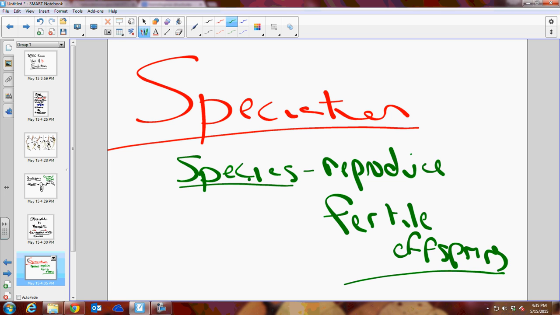A lion and a tiger can hook up and create the mythical liger, but that liger is unable to make its own offspring. And so a lion and a tiger are separate species, whereas a horse hooks up with another horse and makes other horses that are able to make other horses. Well, that is the difference.